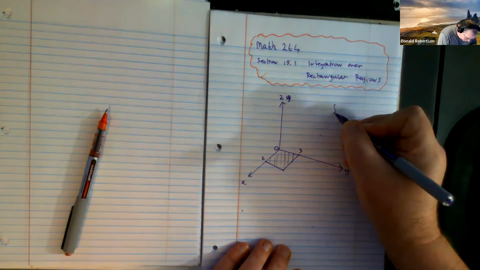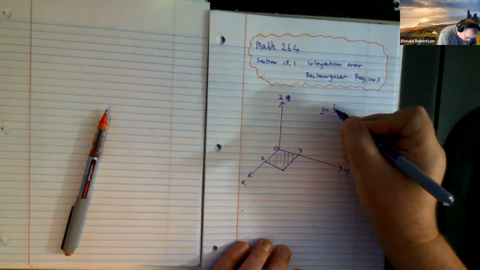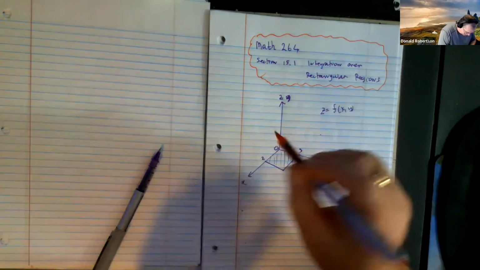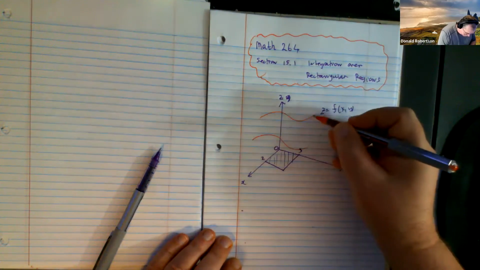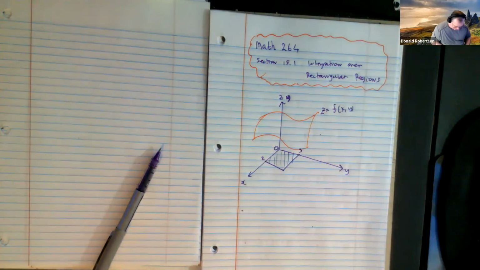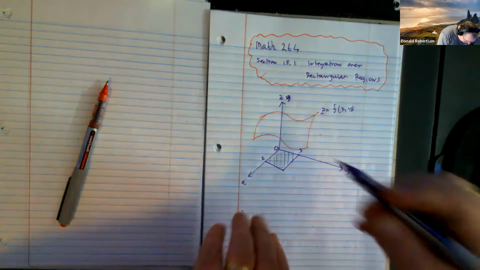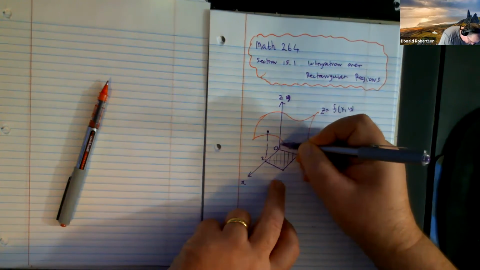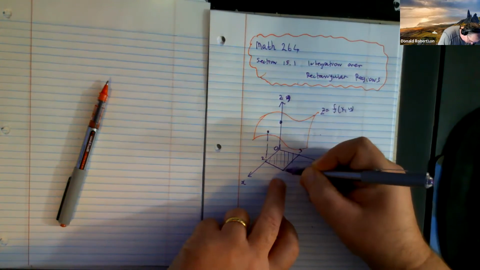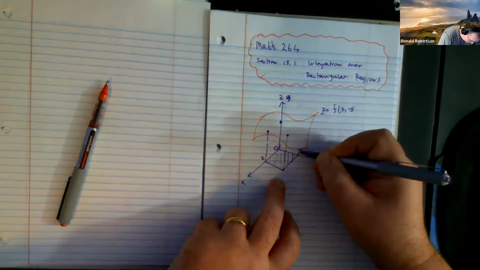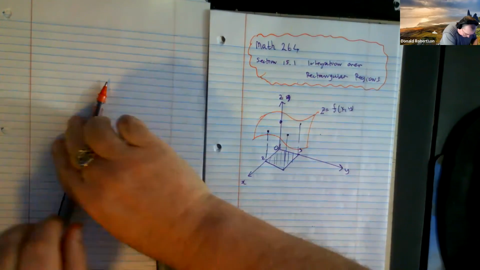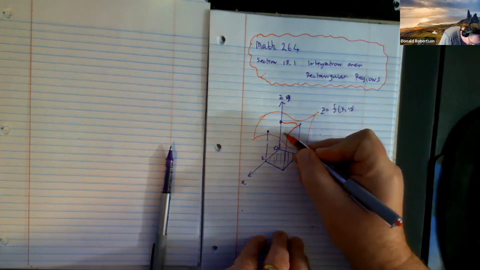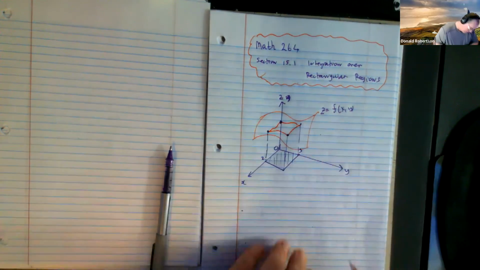Now there's going to be a function z equals f of x y, and that is going to be some kind of wavy, surfacey thing like that. Can you imagine that this point would hit the surface maybe here, and this one hits it, say, here, and this one hits it here, and this one might hit it up here. And if I join these together, we get a thing that looks like this.